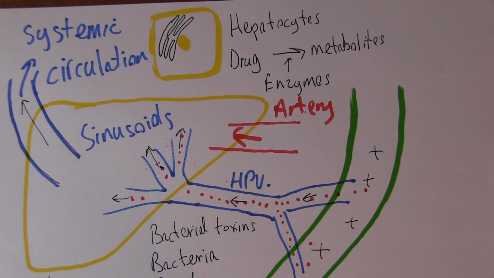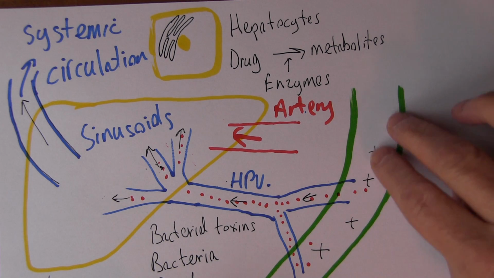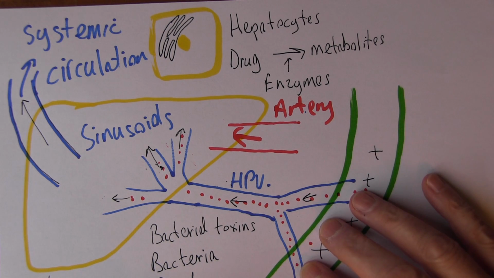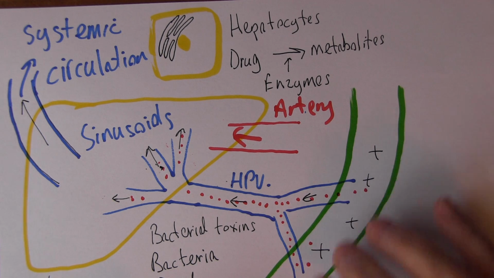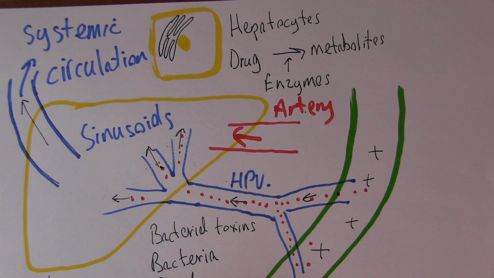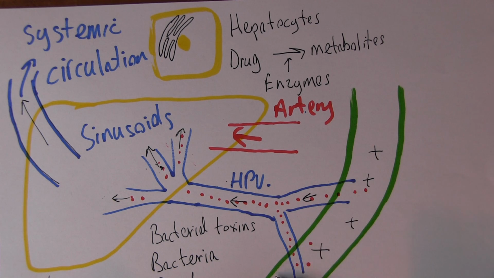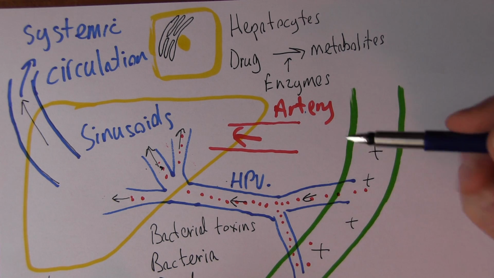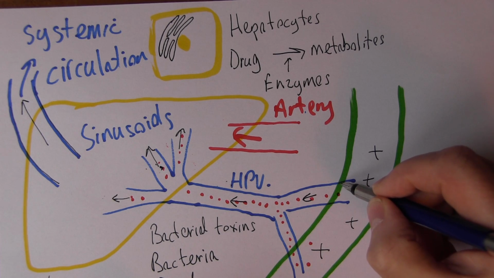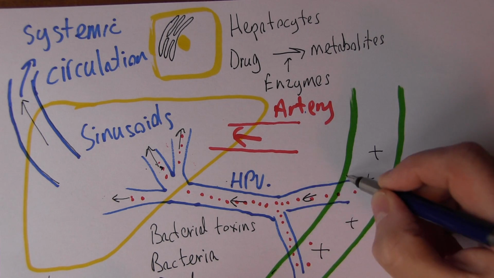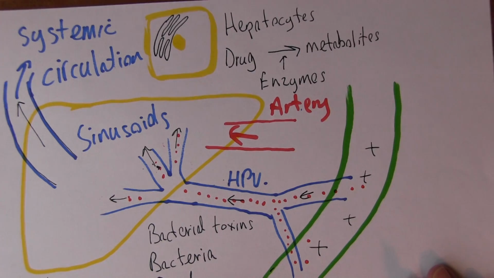So that's first pass metabolism. It's the proportion of drug broken down the first time the blood goes through the liver, particularly a factor to take into account with enteral drugs. Actually, there are some enzymes in the gut wall as well that are partly responsible for first pass effects. So there's some metabolism of the drug as it is absorbed through the gut wall, then much more when it's in the liver for most drugs.